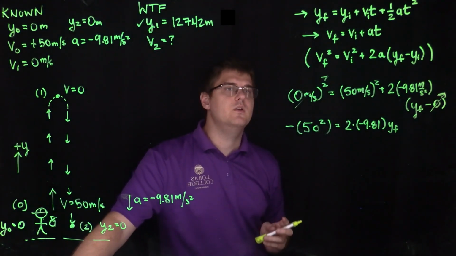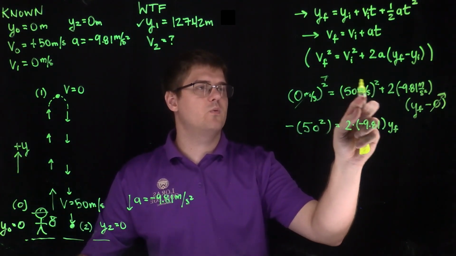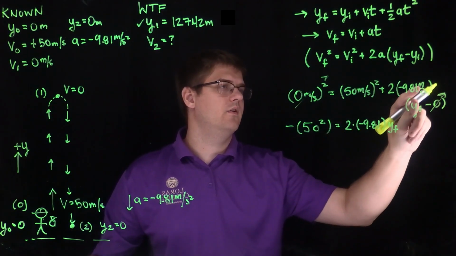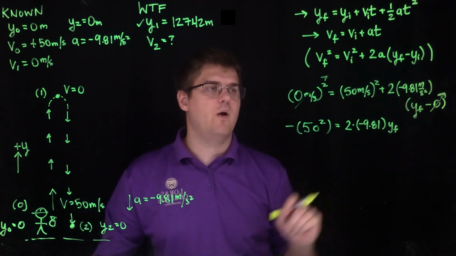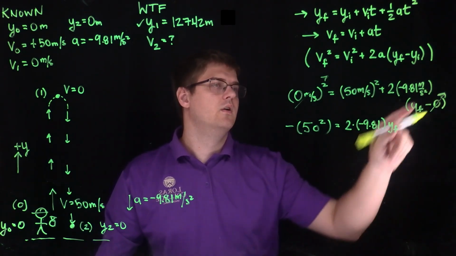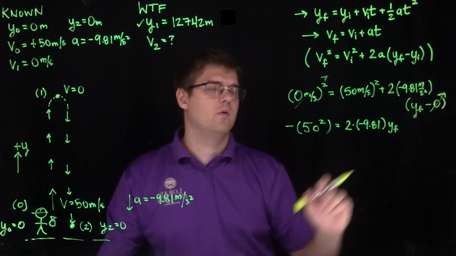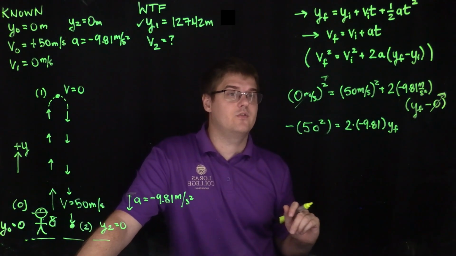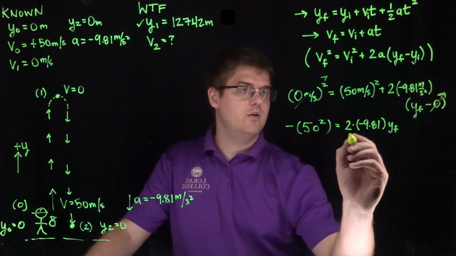Technically, I should be keeping units in here, but this is meters squared per second squared because this entire thing is squared up here. And this is meters per second squared times this y final, which is going to have to be in meters. So all the units are going to work out so long as I get an answer in meters, which I'm hoping for. So that's no problem there.